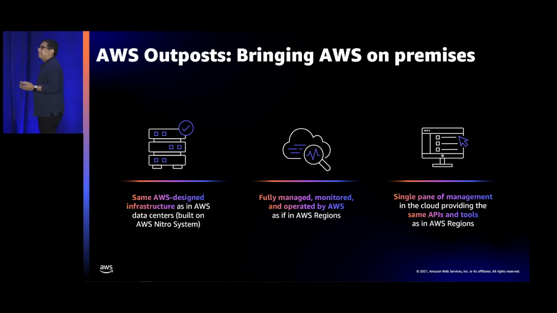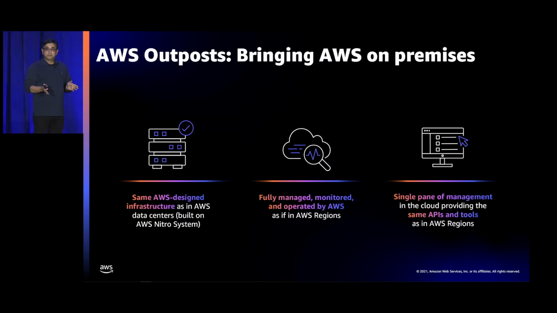AWS Outpost is a fully managed service by AWS that provides the same infrastructure that we enable for our regions and other availability zones on your premises. That's one of the foundational pieces of AWS, that we didn't want to have a different infrastructure for on-prem versus what we ourselves use in the region. Any delta difference introduces unpredictability in terms of the performance, in terms of the software services. So that's why the same infrastructure that we use in the region comes as part of the AWS Outpost solution.